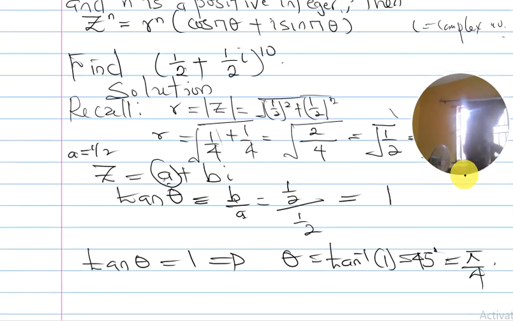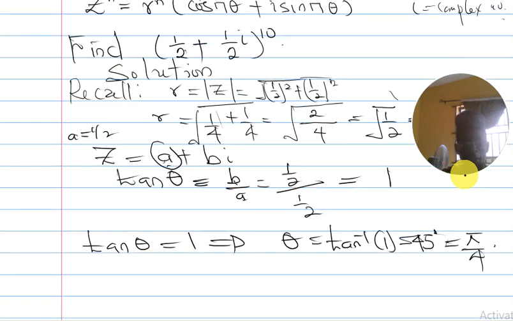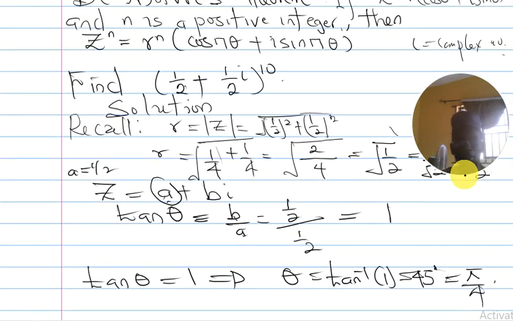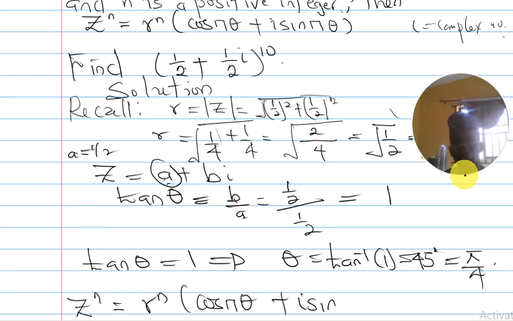Now to proceed, don't forget that we are to apply De Moivre's theorem here. Look at this value here. We have z raised to the power n is equal to r raised to the power n into cos n theta plus i sin n theta, okay?